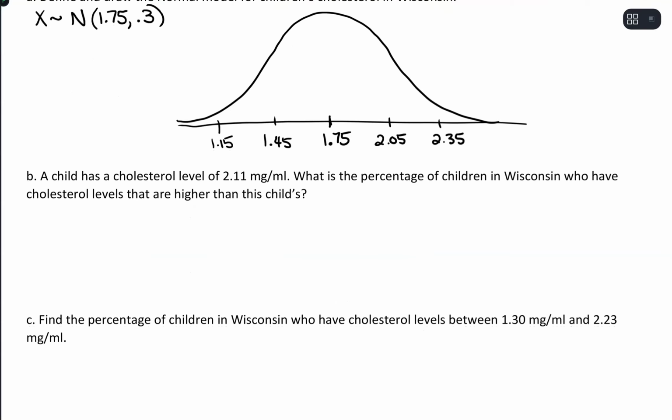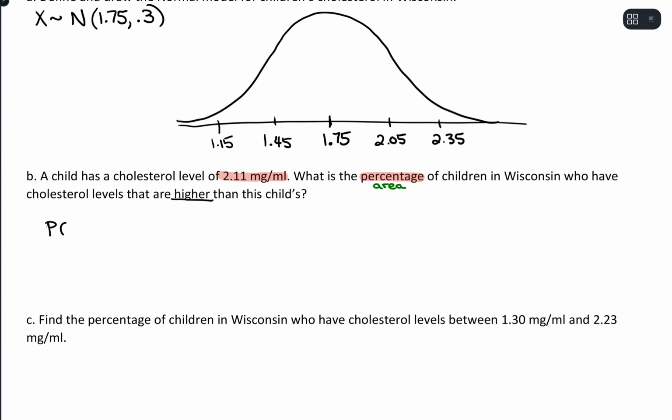Okay, so we have a child has a cholesterol level of 2.11 milligrams per milliliter. What is the percentage of children? So we're looking for a percentage. And what can be really helpful is whenever you see percentage or probability with these normal model scenarios, you're thinking area under the curve. So what is the percentage who have cholesterol levels that are higher than this child's? So looking for higher values, so we're looking for more than, so larger.